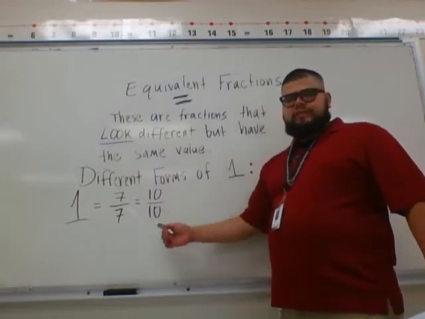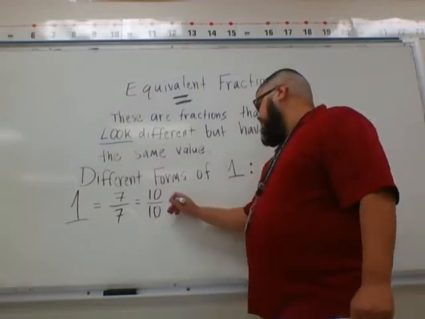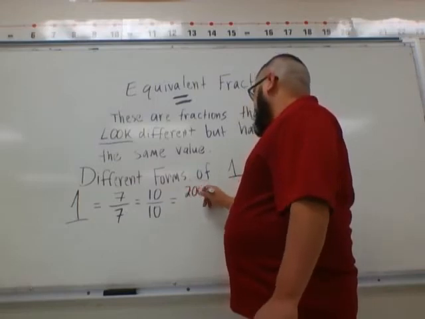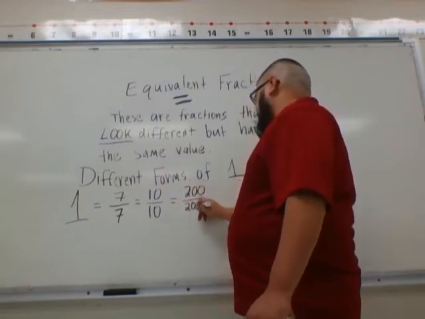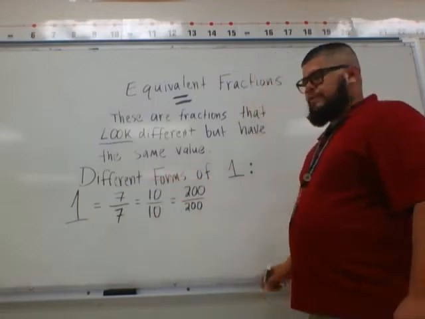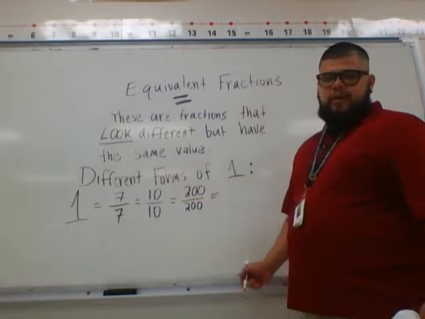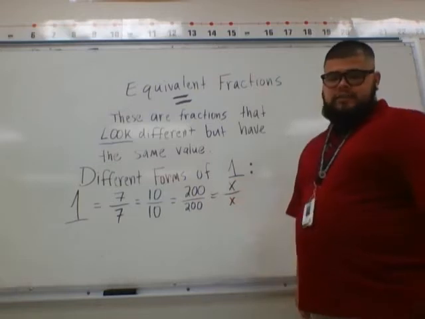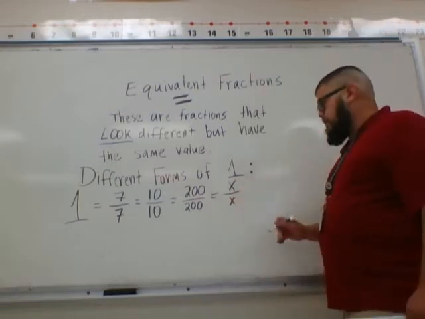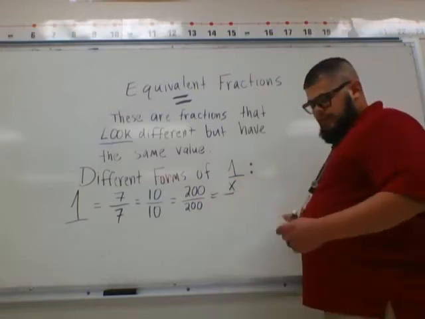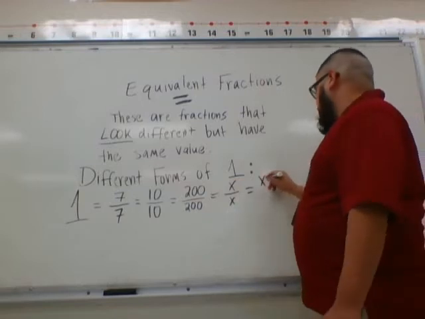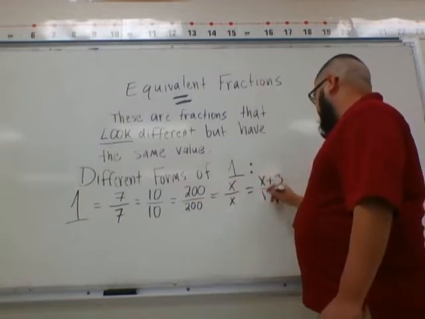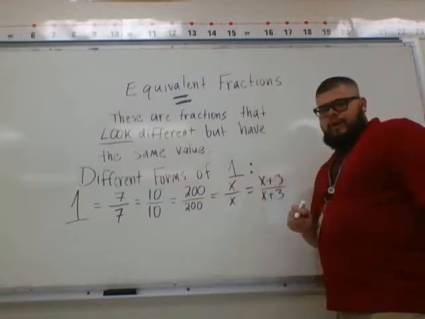7 divided by 7 is the same thing as 10 divided by 10, right? Even 200 divided by 200, also 1, right? You can go all the way up to 1,000,000. You can even use variables, which we'll get to later. X divided by X. You haven't seen that before. It's just something new. It's something I want you to write down, right? X divided by X, even X plus 3 divided by X plus 3, right?